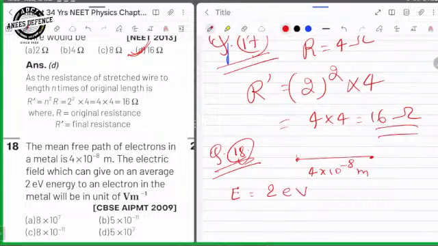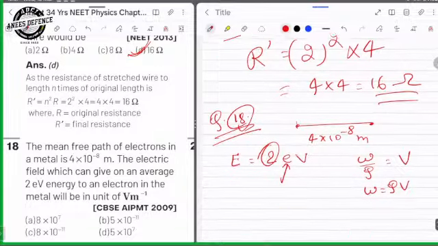Listen carefully. Work done per unit charge is nothing but potential. Means work done is equal to Q into V. So with the charge of an electron, your voltage is 2 volt.